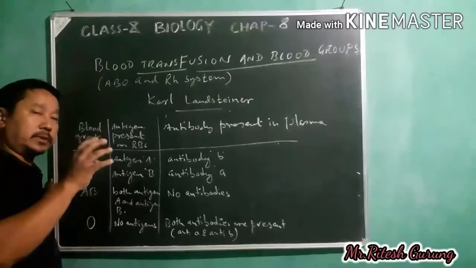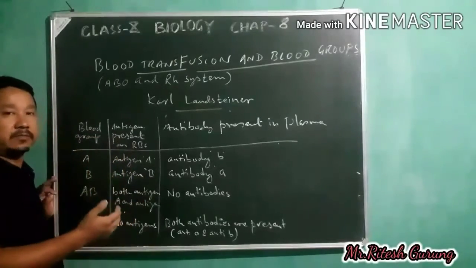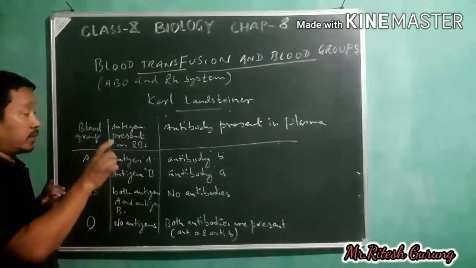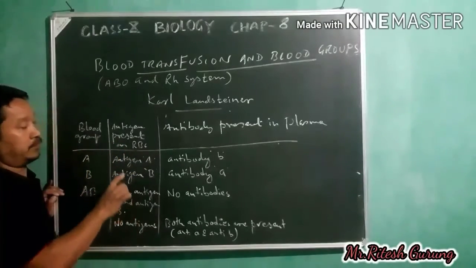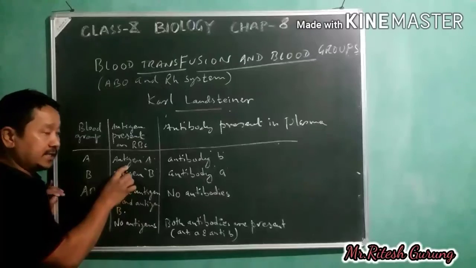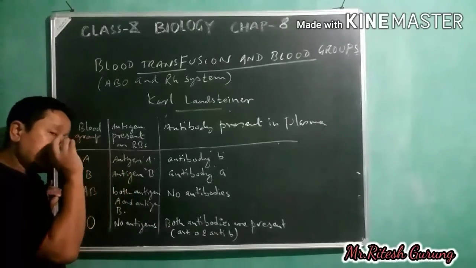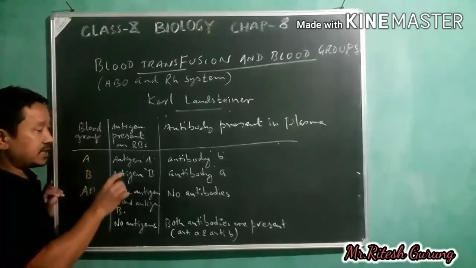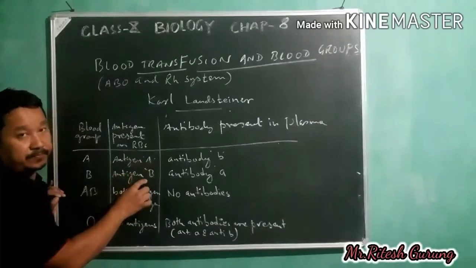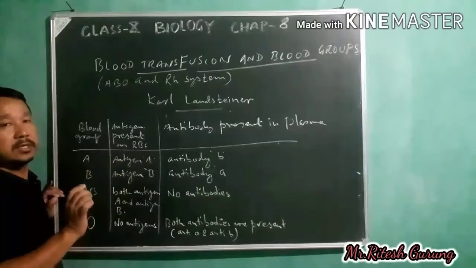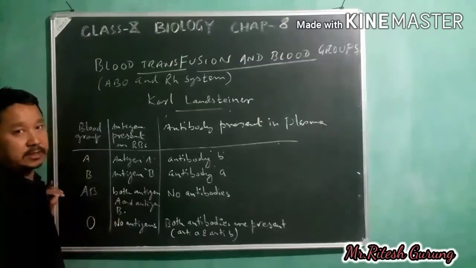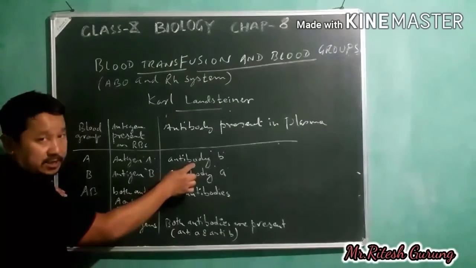Your RBC contains a kind of protein which is called antigen, and this antigen is of two types, that is antigen A and antigen B. And in the plasma of blood, there is another substance, that is antibody.